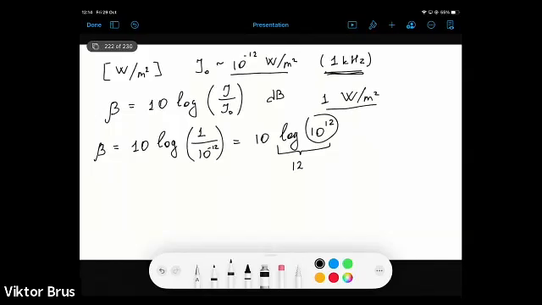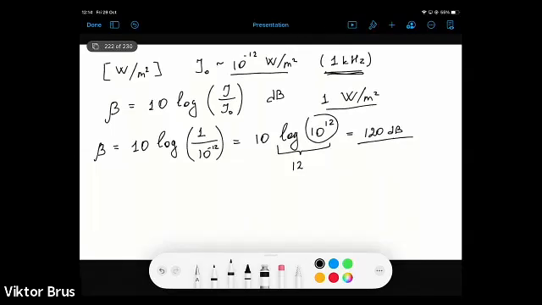So 10 multiplied by 12 will be 120 decibels.